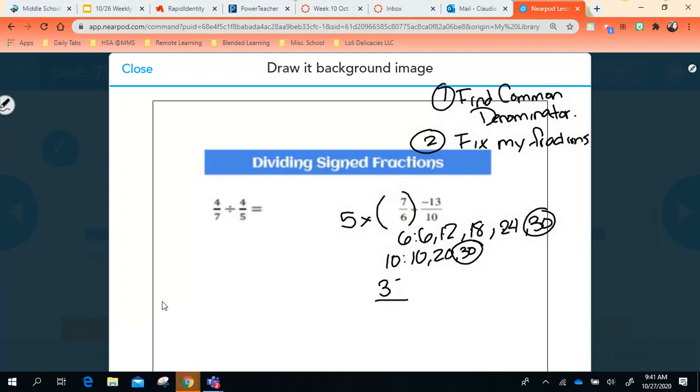So I have 35 over 30 divided by negative, and I'm going to do 1, 2, 3. I'm going to multiply this whole fraction by 3. What is 13 times 3? Is that something you know off the top of your head? 39 maybe? Okay, so if I did 13 times 3, it gives me 3 times 3 is 9. 1 times 3 is 3, so 39 it is. Negative 39 over 30. So I fixed my fractions.